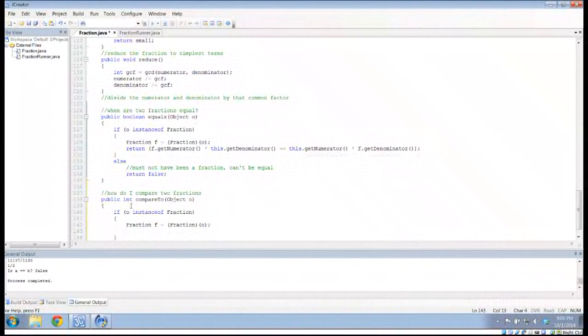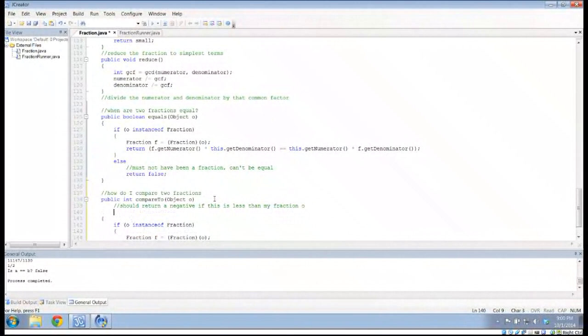And then I need to think about what compareTo should do. So the thing is, my compareTo method should return a negative if this is less than my fraction.